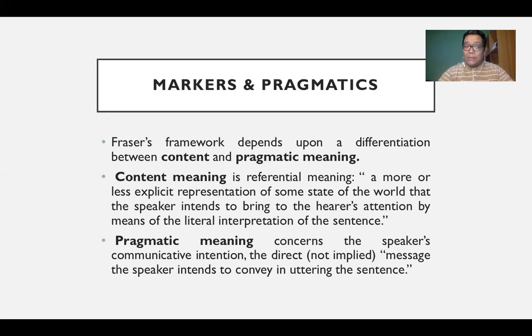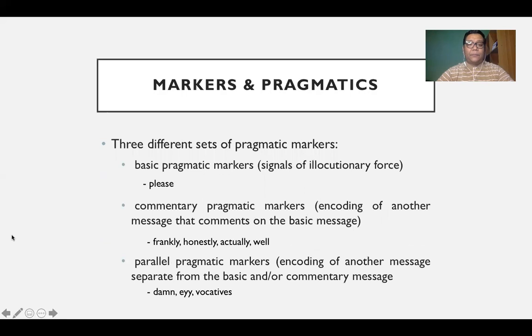This is the message the speaker intends to convey in uttering the sentence. It's the intended meaning of the discourse marker. So there are three different sets of pragmatic markers as suggested by Fraser. First one are basic pragmatic markers, which are considered as signals of elocutionary force. For example, the word please, okay?